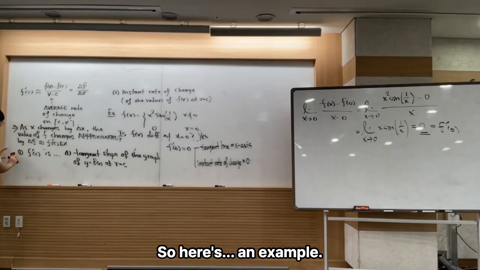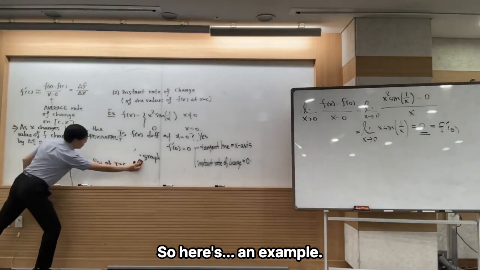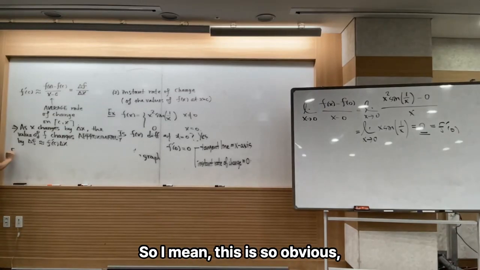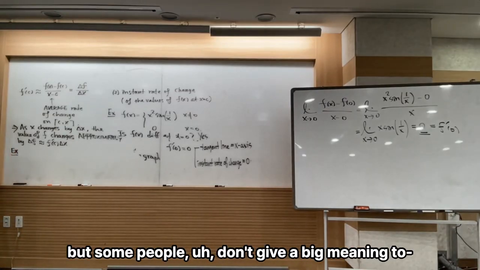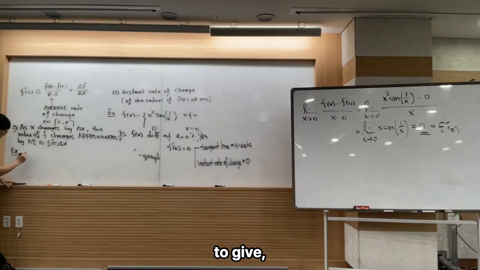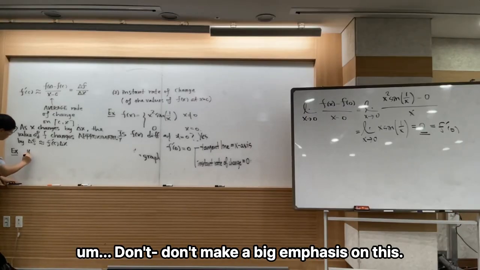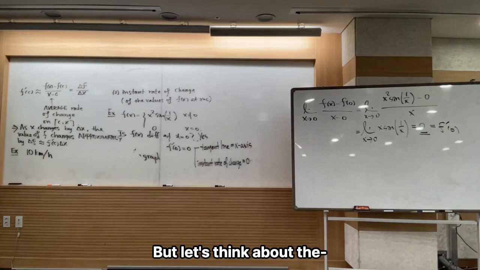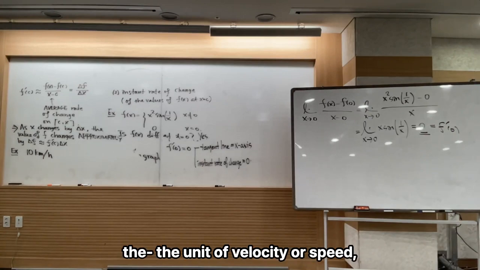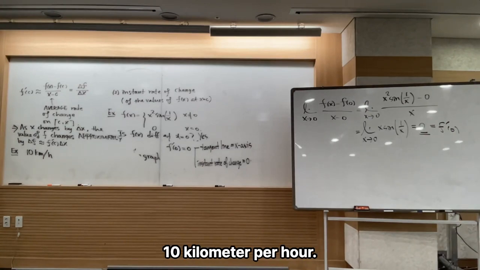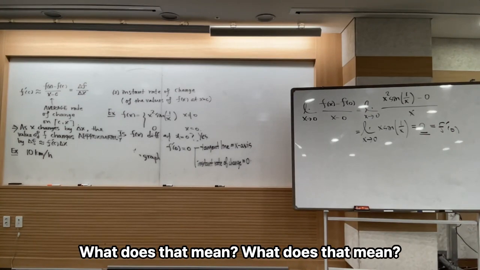So here's an example. I mean, this is so obvious, but some people don't put a big emphasis on this. But let's think about the unit of velocity or speed. 10 kilometers per hour. What does that mean?